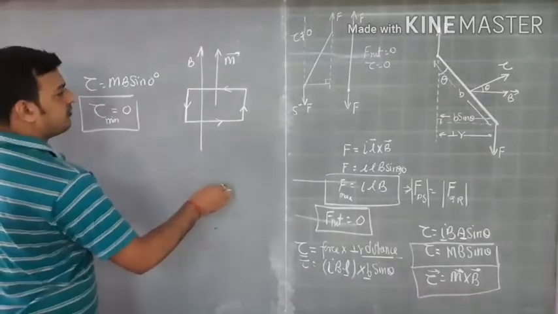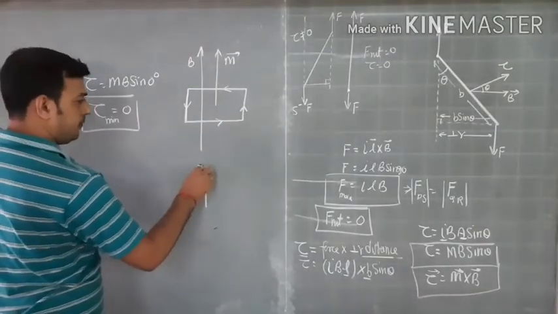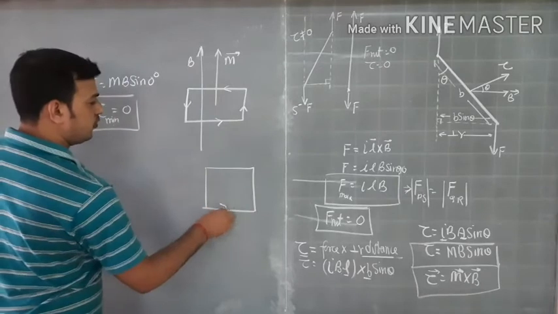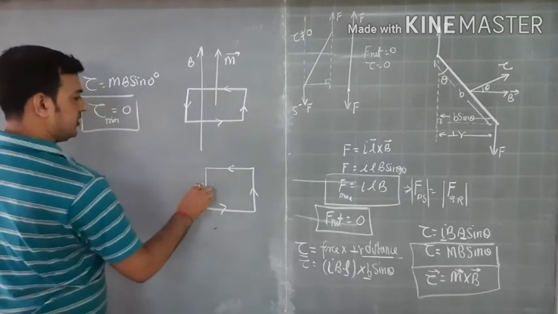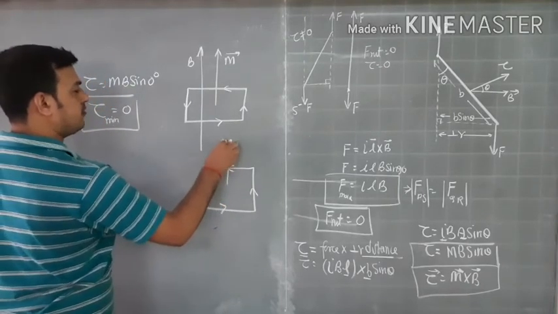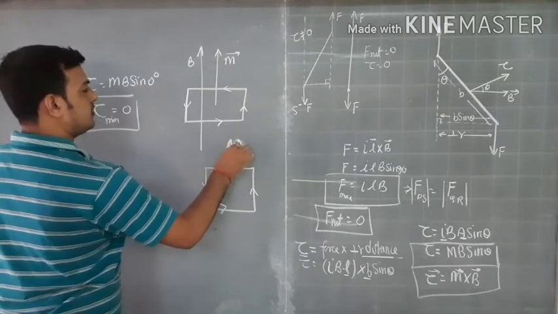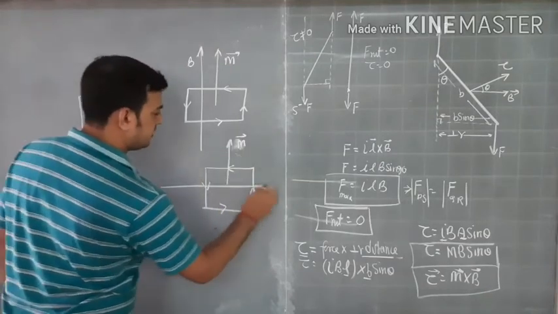On the other hand, if I place my loop like this, that this is the magnetic moment and the magnetic field is like this.